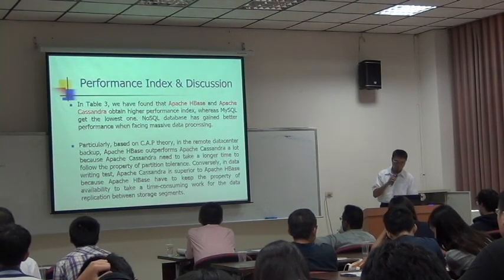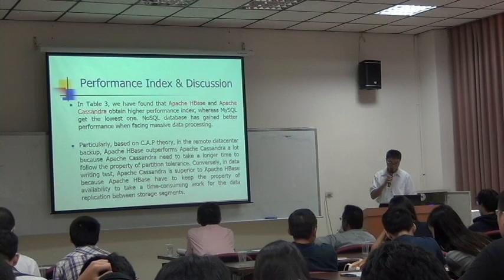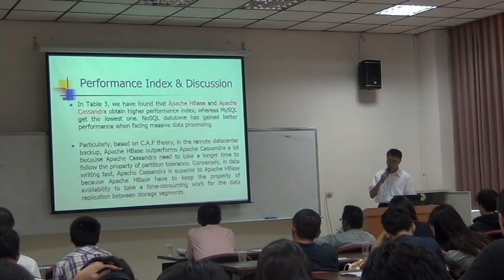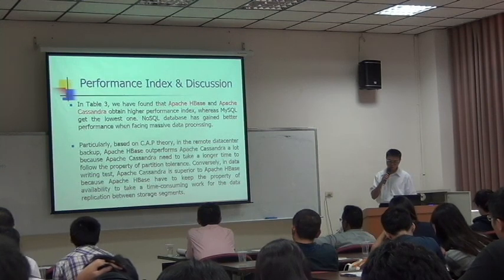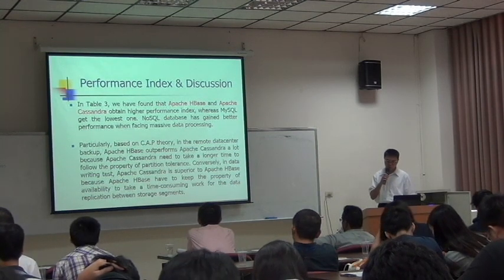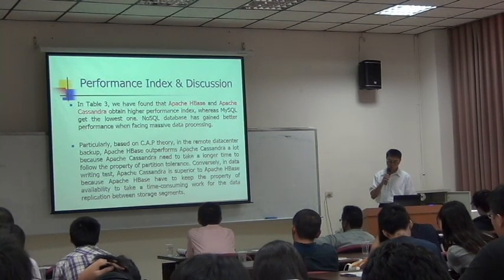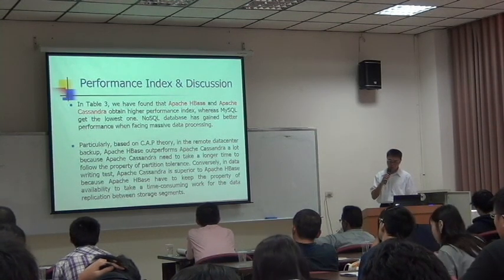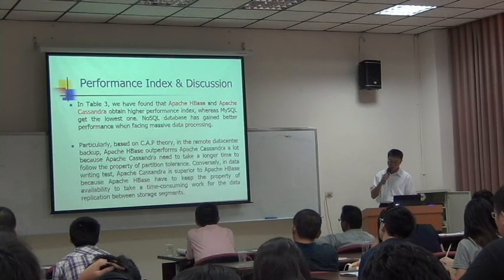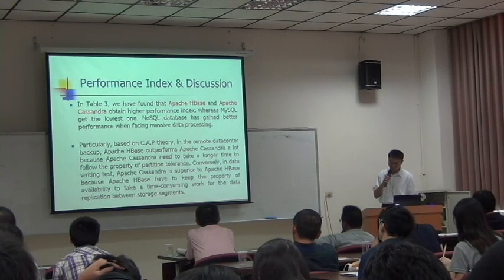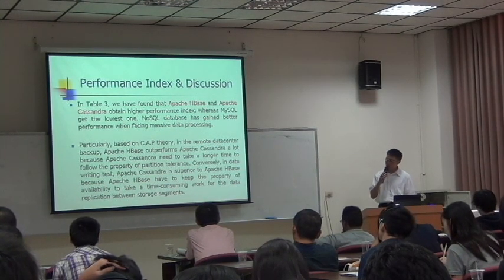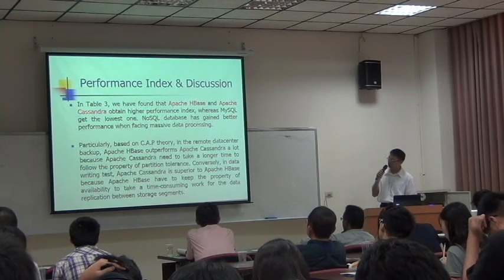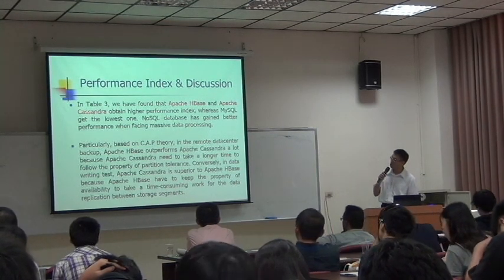So in table 3, we have found that Apache HBase and Apache Cassandra obtain a high performance index, whereas MySQL gets the lowest one. NoSQL databases have better performance when processing massive database data.